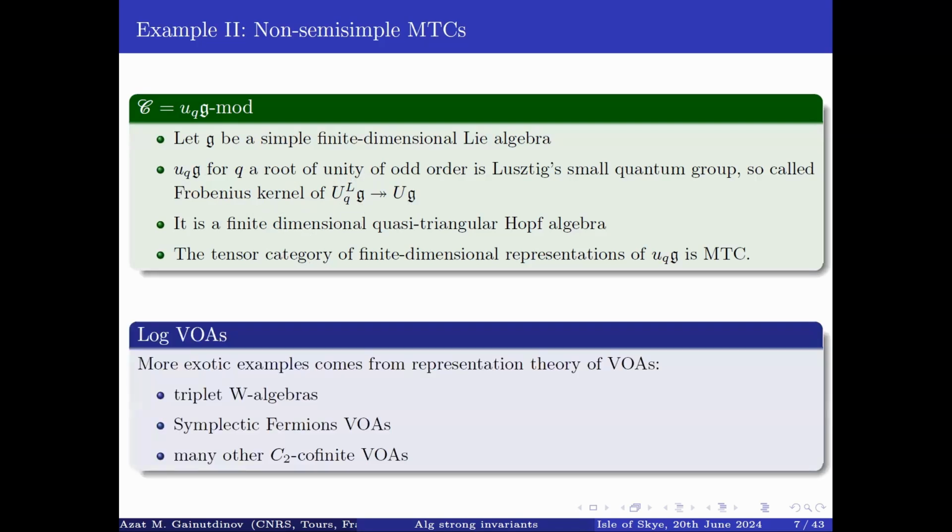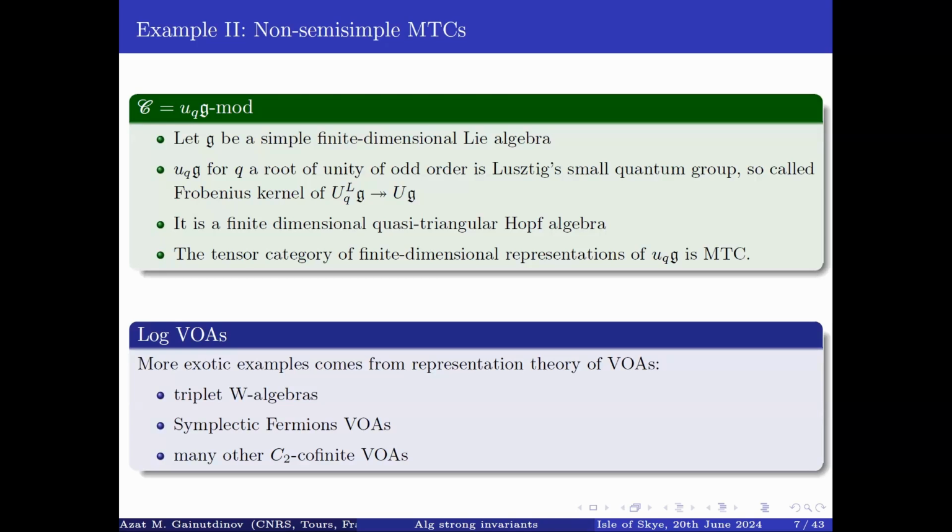There are more exotic examples of modular tensor categories coming from the representation theory of vertex operator algebras. We'll probably hear about it today. For example, triplet W-algebras, symplectic fermion vertex operator algebras, and it's not a coincidence of the names.